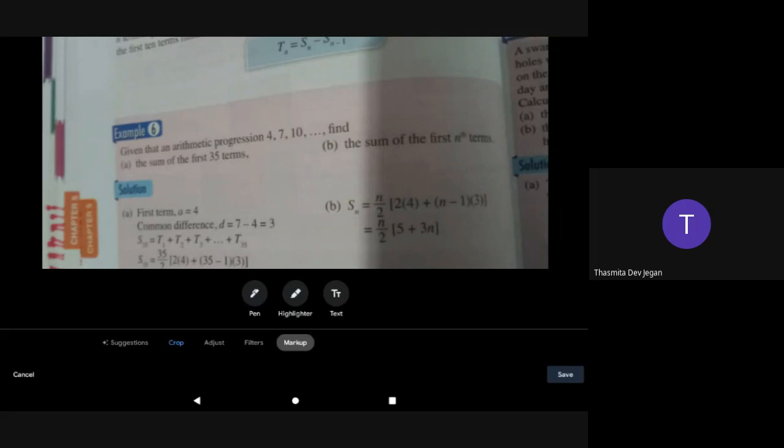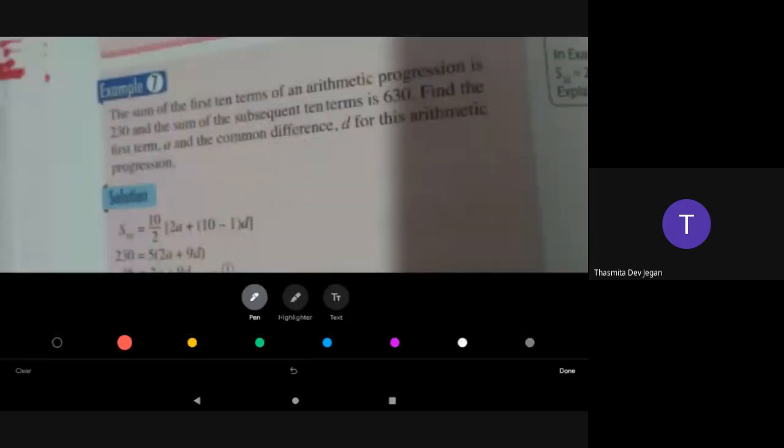Next, example 7. In example 7, the sum of the first 10 terms of an arithmetic progression is 230, and the sum of the subsequent 10 terms is 630.